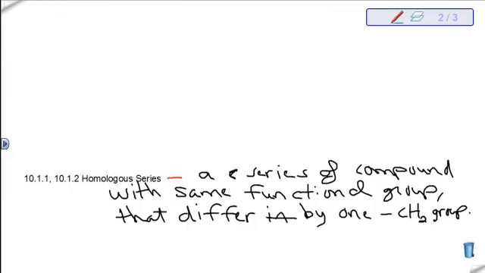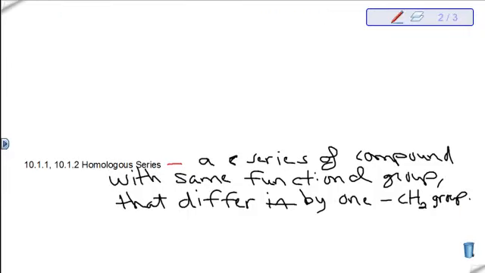Okay, so in other words, long story short, it's a series of compounds all with the same functional group. They only differ in carbon number. That's it. So as an example of a homologous series, I'll start with the most simple.